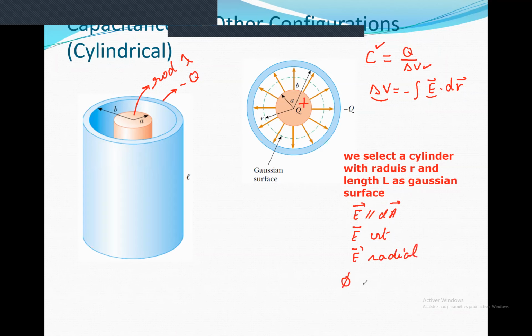Phi equals the integral of E dot dA equals Q enclosed divided by epsilon.